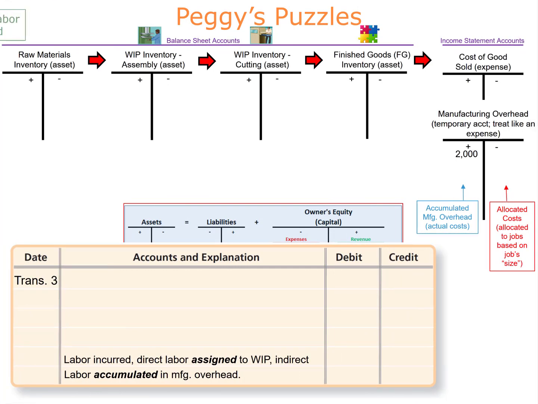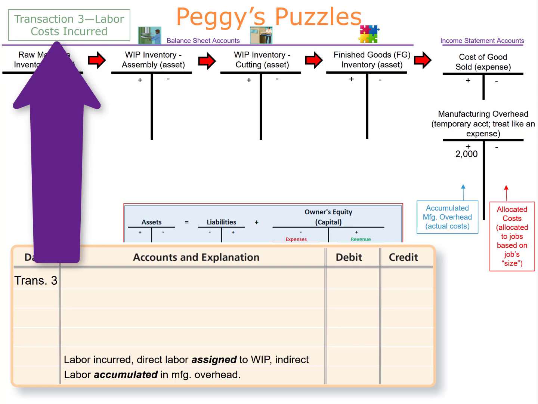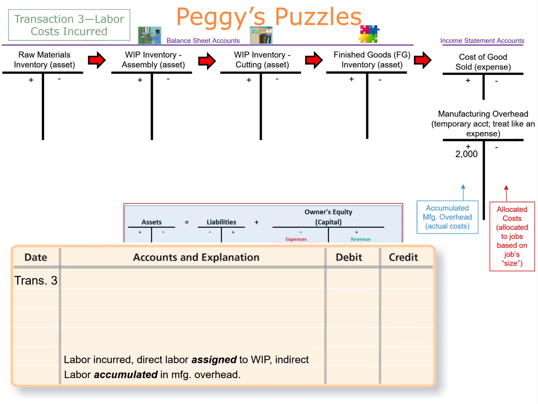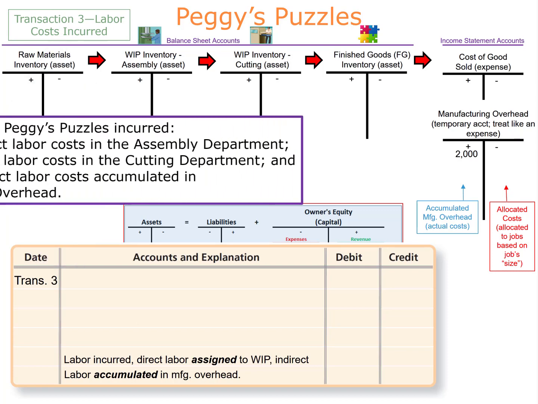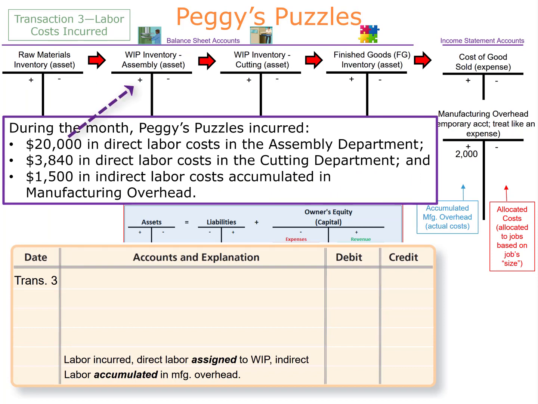Transaction 3 is recording labor costs incurred during the period. During the month, Peggy's Puzzles incurred $20,000 in direct labor costs in the assembly department, $3,840 in direct labor costs in the cutting department, and $1,500 in indirect labor costs accumulated in manufacturing overhead.